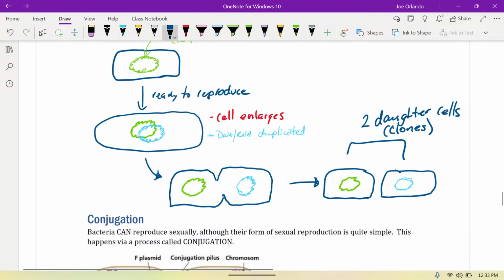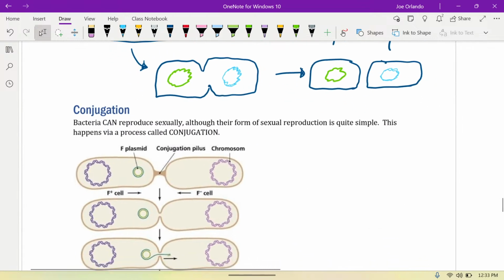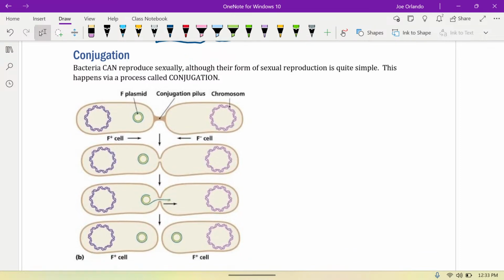Now, bacteria can, and from time to time do reproduce sexually, although their form of sexual reproduction is also quite simple relative to ours. What happens when they do reproduce sexually is that you can get what is called an F plasmid.